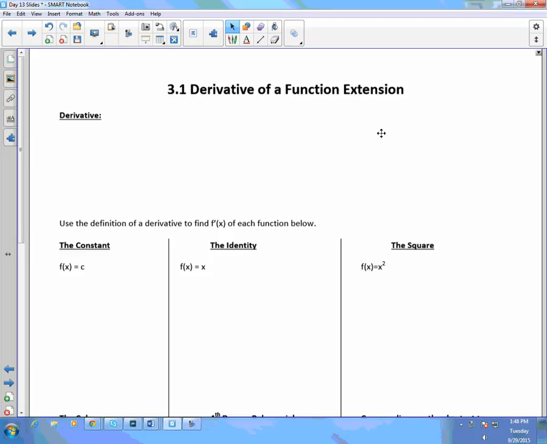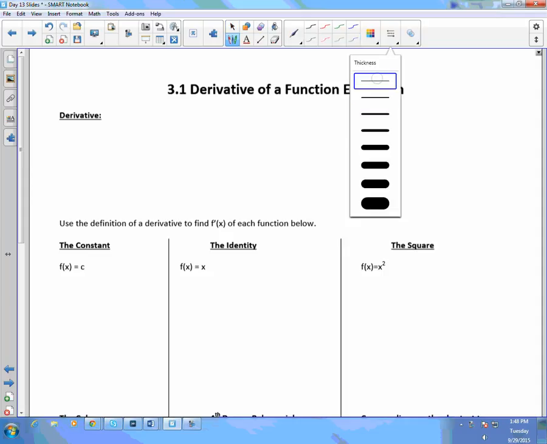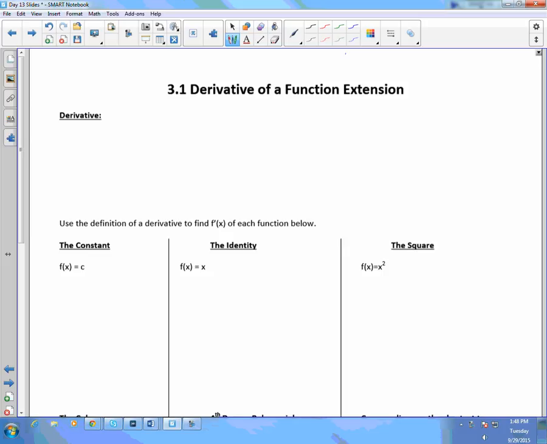On your worksheet, let's write what a derivative is, and this should spark a bell. The derivative of a function with respect to the variable x is, all this. Just copy that box down on page 99 in your book.